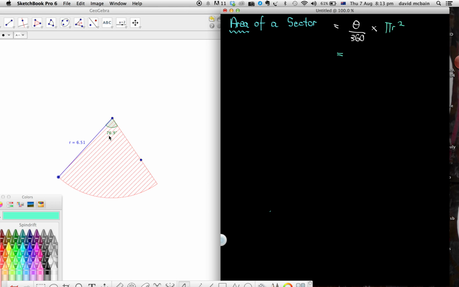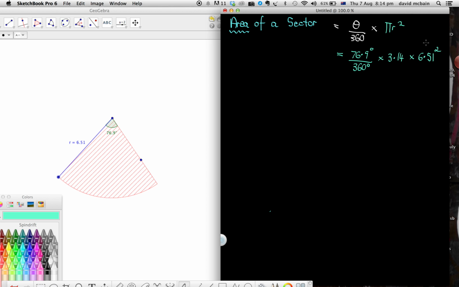the angle, which is 76.9 degrees, divided by 360 degrees, times pi. Now remember, we approximate pi to 3.14, multiplied by the radius squared, or in this case the radius is 6.51. So it's going to be 6.51 squared.